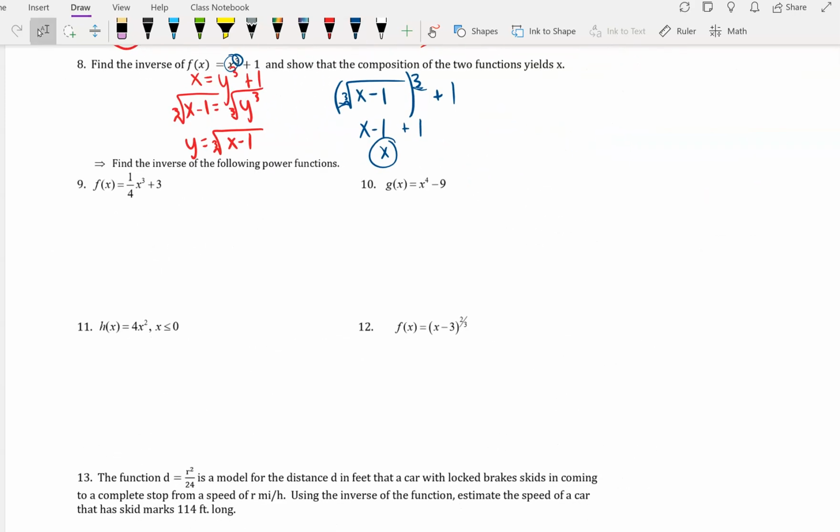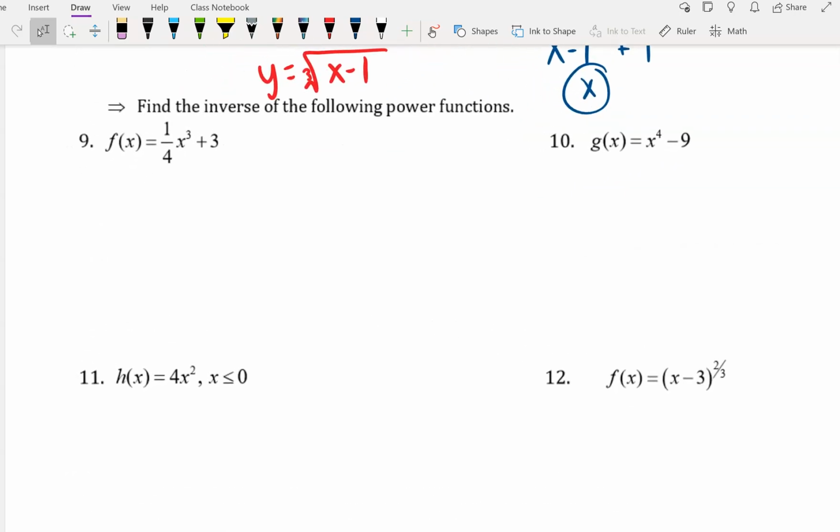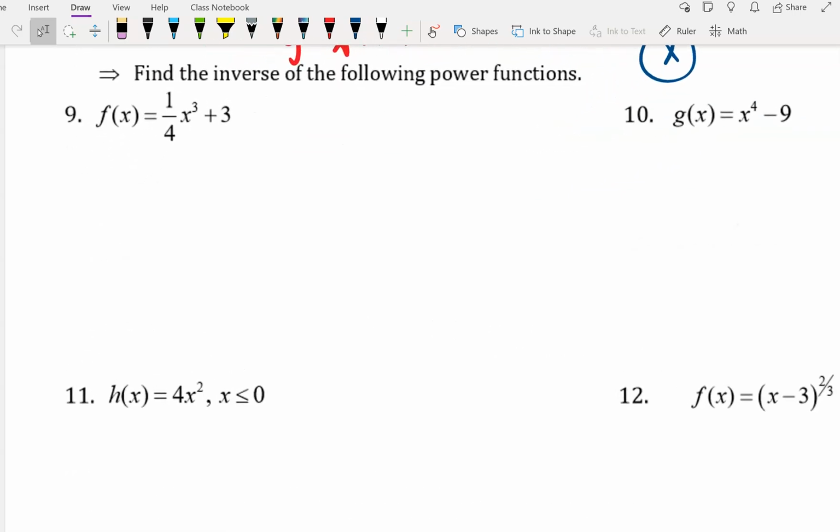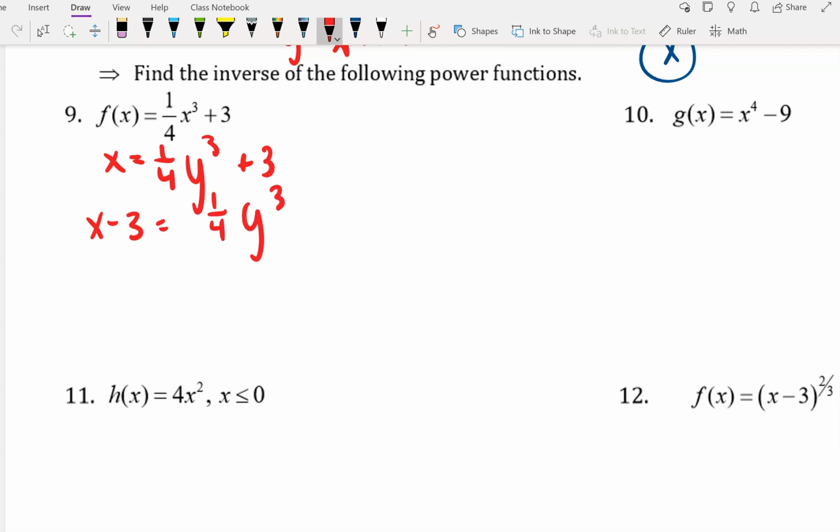Alright, so this is just more of the same, except these are all power functions, meaning they all have exponents. Switch x and y. This will be x equals 1/4 y cubed plus 3. Subtract 3 from both sides. X minus 3 equals 1/4 y cubed. We want to get rid of the 1/4 next. We want only the thing that's being cubed to be on the one side before we cube root it.